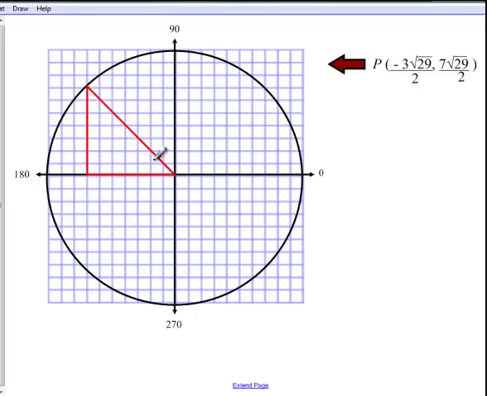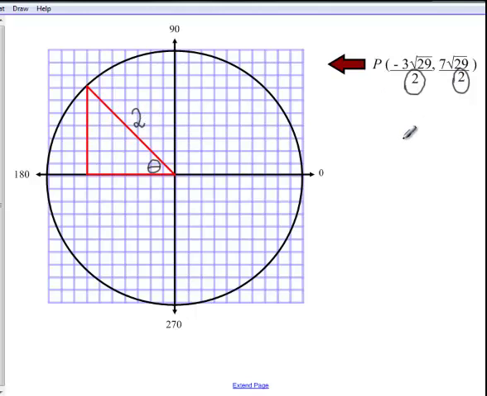I know this is the angle. And if I would start to measure my sides, get it? Hopefully you know by now this is your hypotenuse. So this was 2.